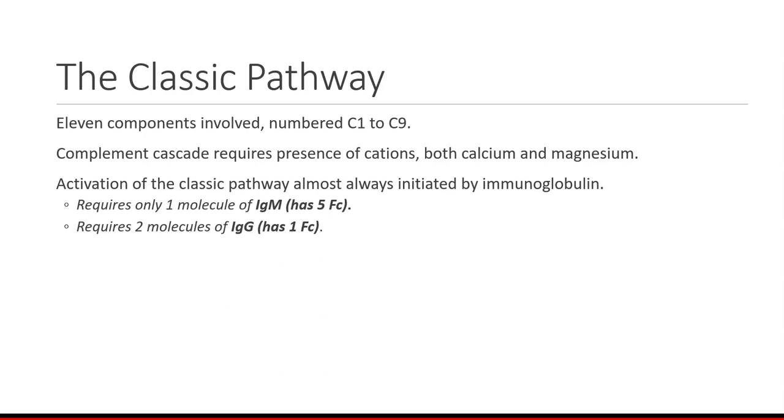For IgM, it requires only 1 molecule because there are 5 Fc (fragment crystallizable) components, and that's where the complement will attach. It requires 2 molecules of IgG because they only have 1 Fc component. And again, the IgG must be in close proximity on the red cell for the complement to become seated on the molecules.